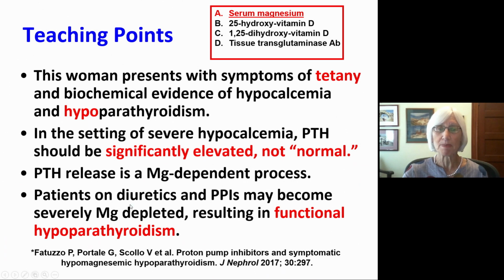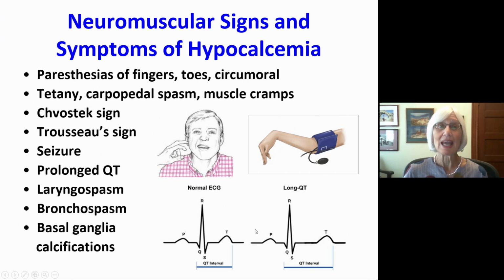is magnesium dependent. This is a lady on diuretics and PPIs, both of which can lead to magnesium depletion and functional hypopara. And just to review these symptoms of hypocalcemia, she had Chvostek sign, she had Trousseau sign with the carpal spasm. You can get prolonged QT interval, as well as severe laryngospasm, bronchospasm, and death.